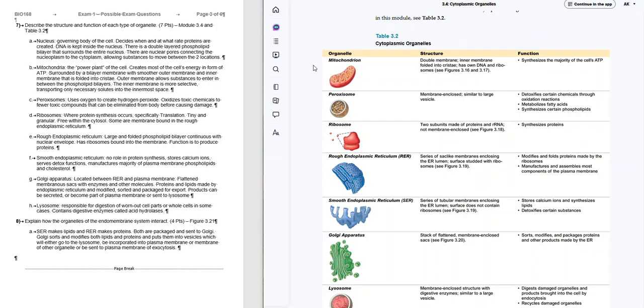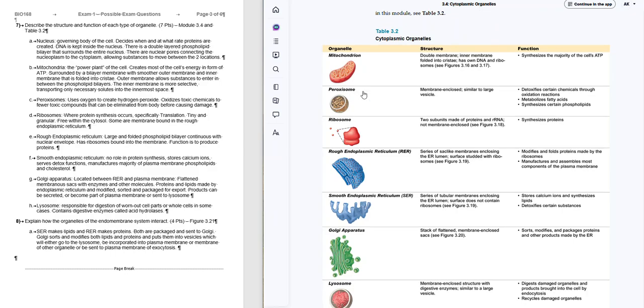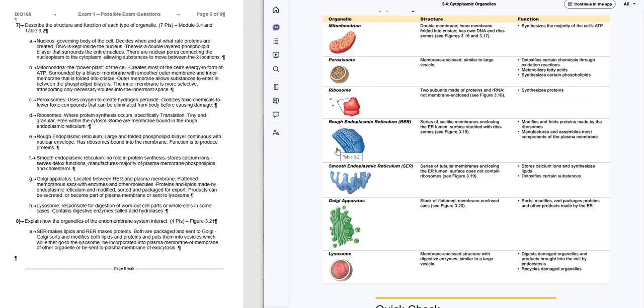Module 3.4 will go over your cellular organelles, but at the end of that, you can find Table 3.2 that does a very nice job of summarizing the organelles. So describe the structure and function of the organelle. More importantly, the function. You need to tell me about the organelle and then the function that it carries out within the cell.